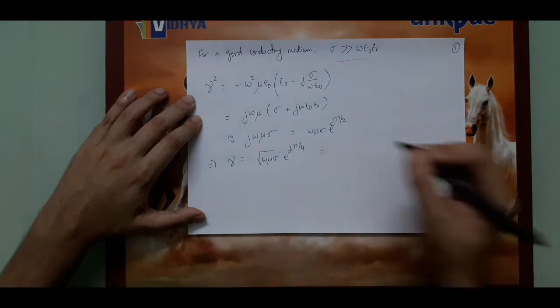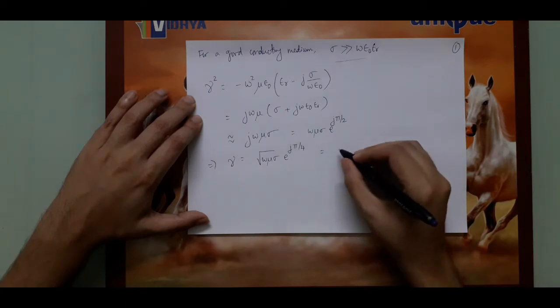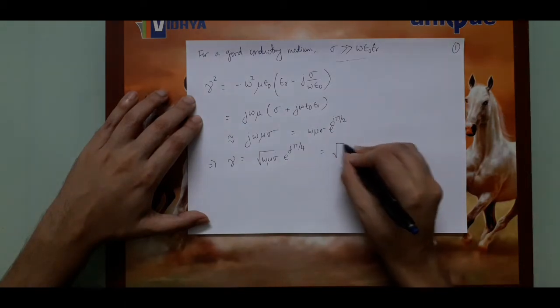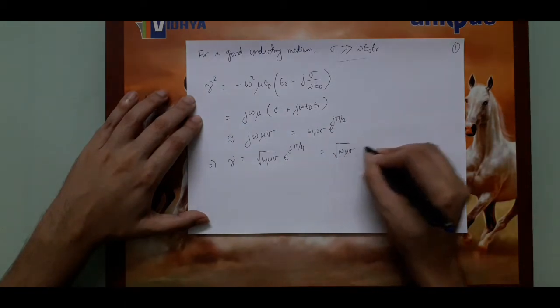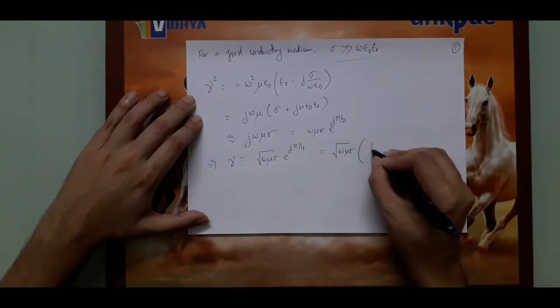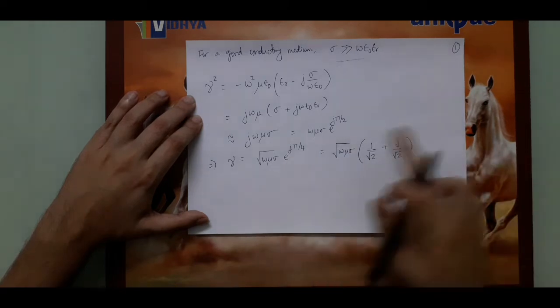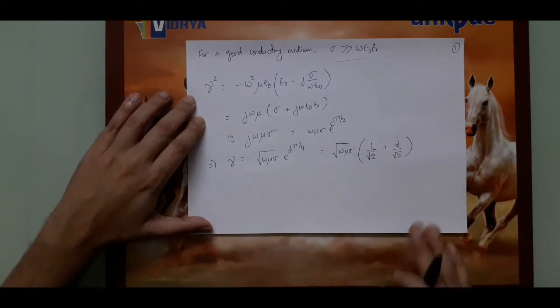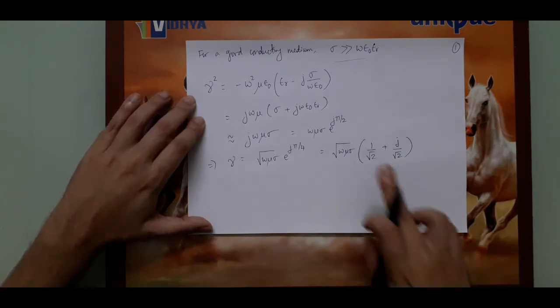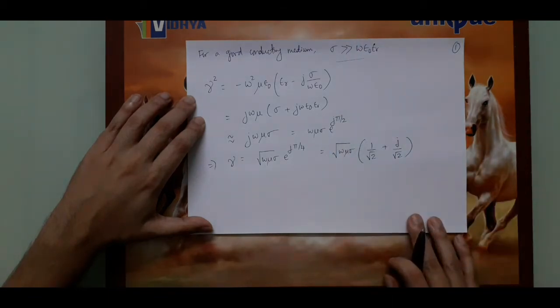If you expand this in the Cartesian form, what you will see is the cos of pi by 4, that is 1 by root 2, plus sine of pi by 4, which is also 1 by root 2 but with a j. So this is what we get. So now what we are seeing is, for a very good conducting medium, essentially the gamma reduces to this.